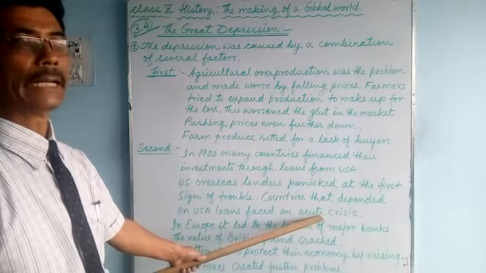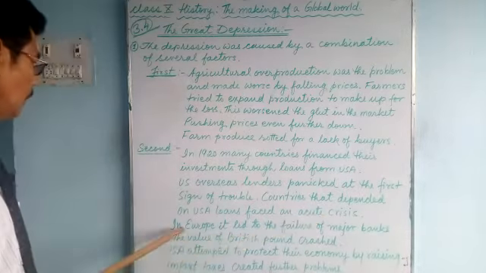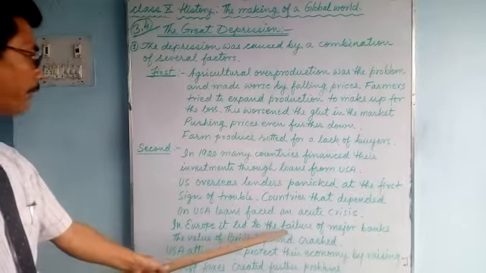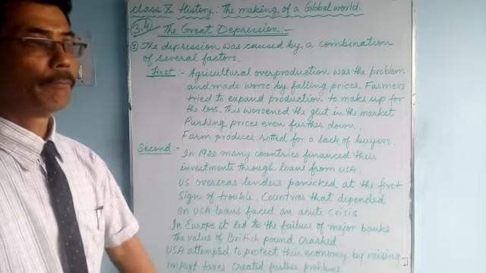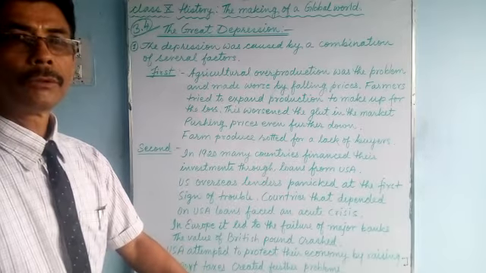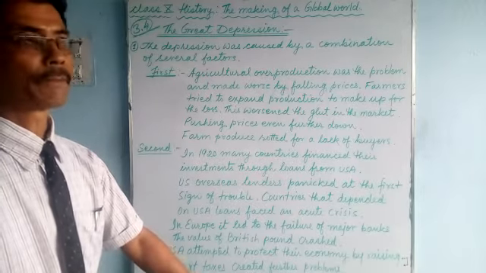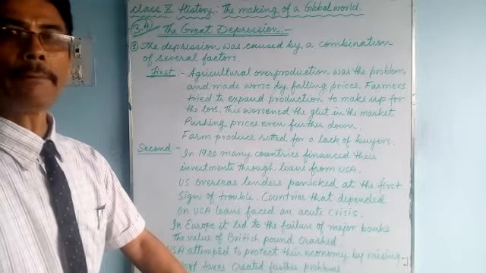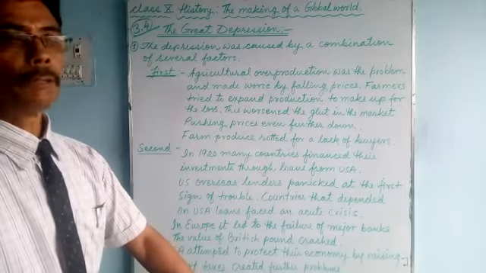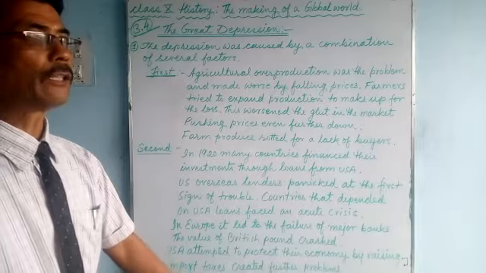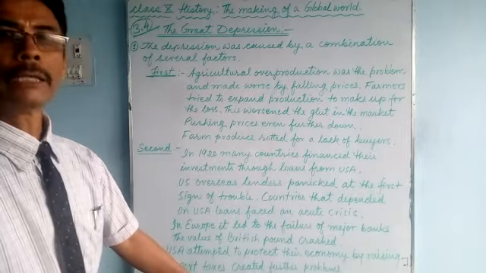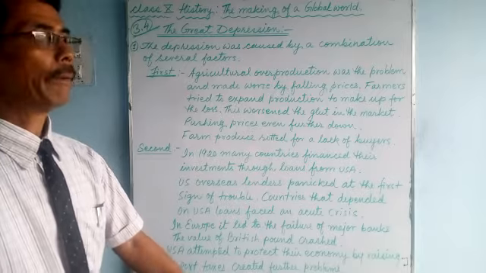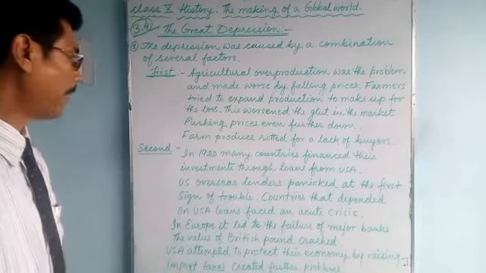It led to the failure of major banks in Europe, major big banks. They went bankrupt. There was no money in the bank because most of the industrialists had taken the loans. So the bank had no money. Many banks closed down.